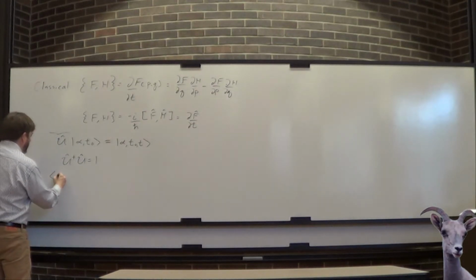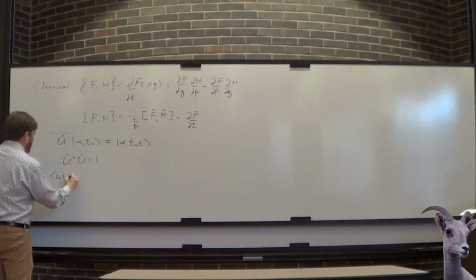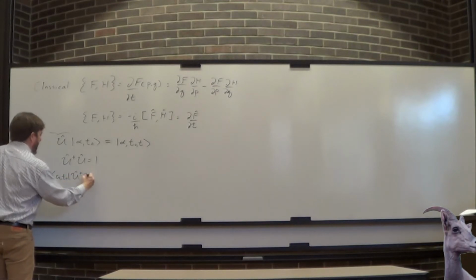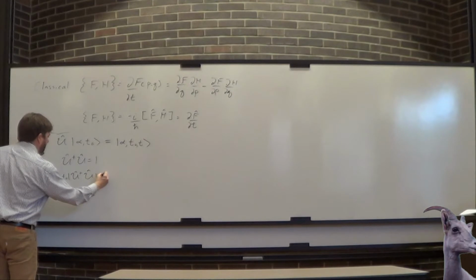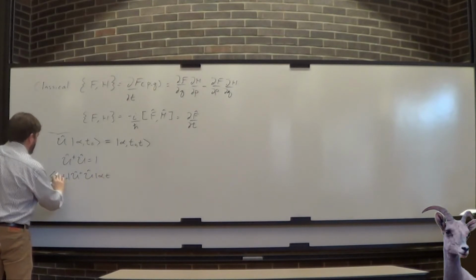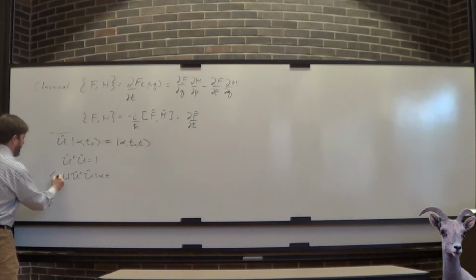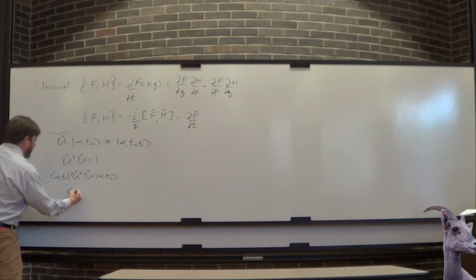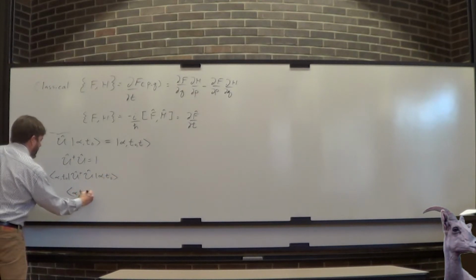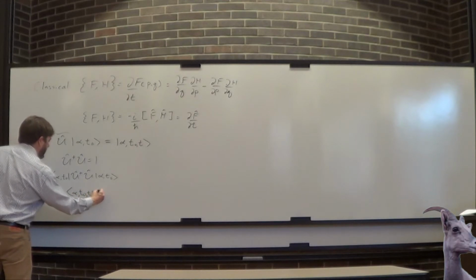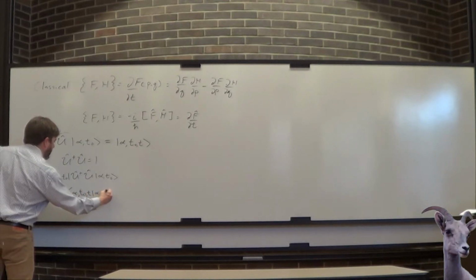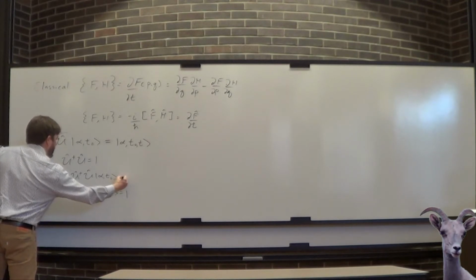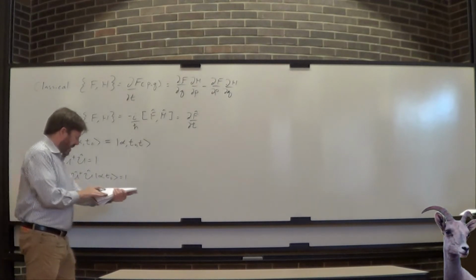That's, of course, because if you time evolve a bra, you've got to have the adjoint time evolve a ket. Sorry, it should be alpha, right? And then this is the inner product of the state with itself. And again, at a later time, it's still going to be normalized.